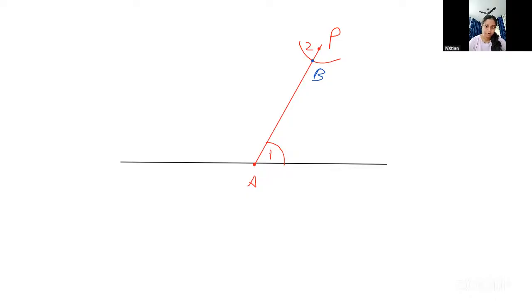You can just cut this arc like this also.